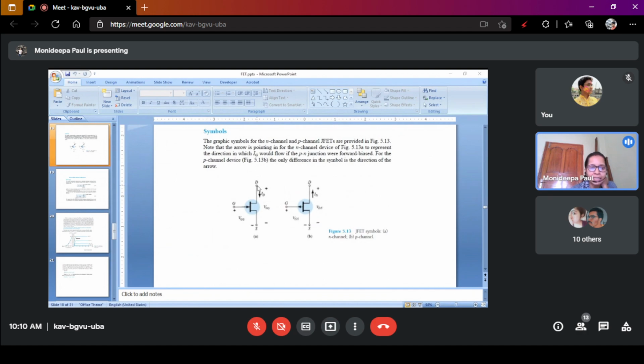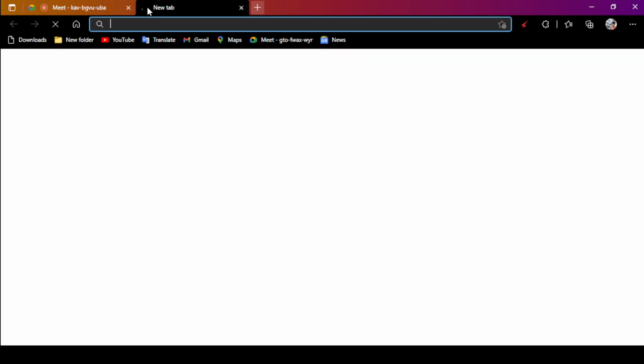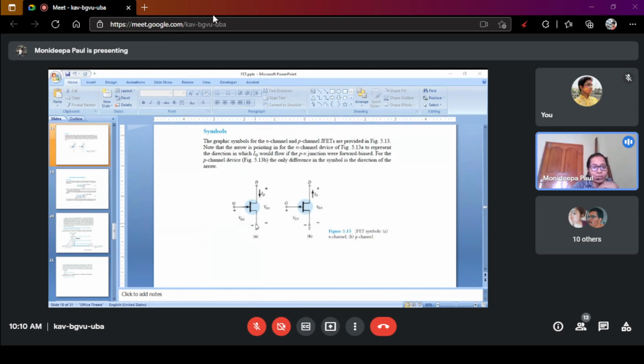In case of N channel, the positive terminal of VDS is connected to the drain, the negative terminal of VDS is connected to the source, and this is the VGS. Here this terminal denotes the negative terminal of the source, not the negative terminal of VGS.